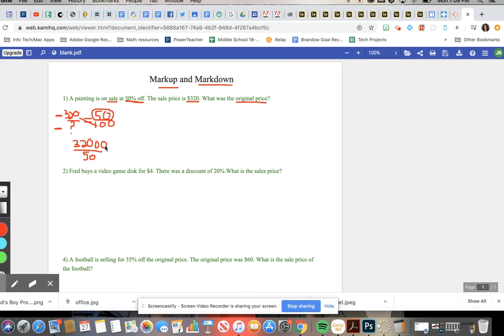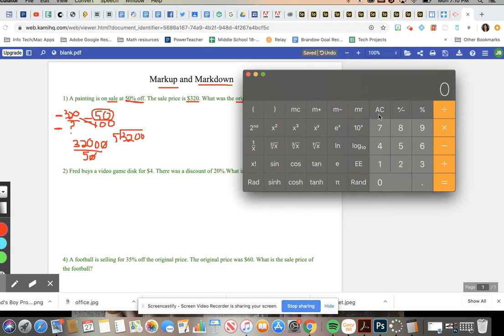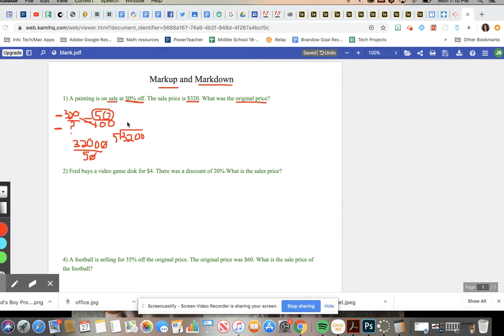And I can see nicely when I'm dividing here, I have a 0 on the top and bottom I can cross out. So basically this is 3,200 divided by 5. So I'll do that on my calculator.